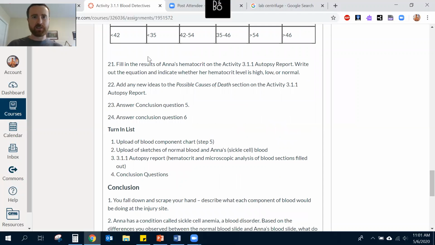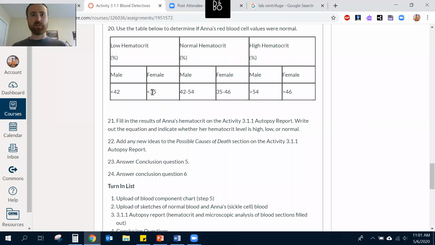So now you figured out, does Anna have anemia, normal hematocrit, or polycythemia? And then you can even compare her hematocrit level to the normal to figure out if she's really low, really high, or close to normal.